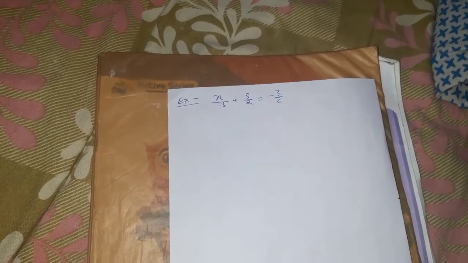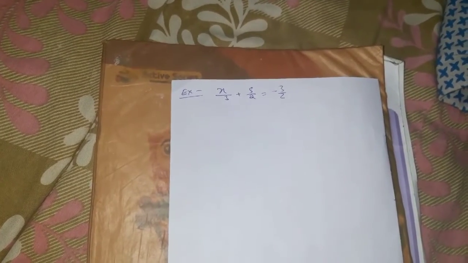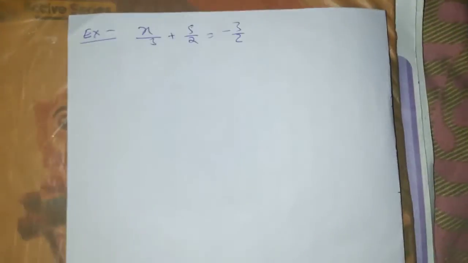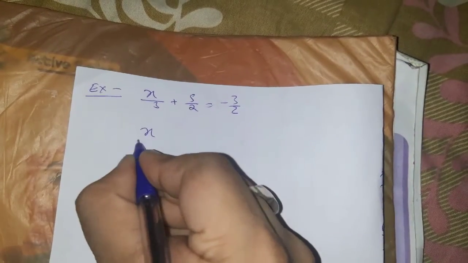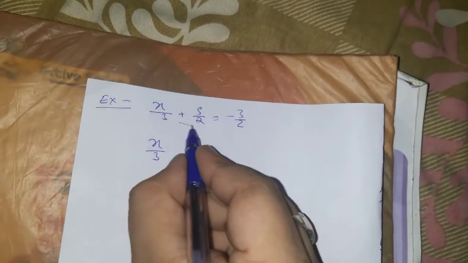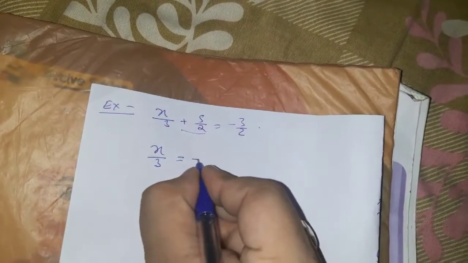Now we will discuss another example: x by 3 plus 5 by 2 equal to minus 3 by 2. This equation will be solved the same way as the previous ones. x by 3, and plus 5 by 2 goes to the opposite side, so it will be minus 5 by 2.